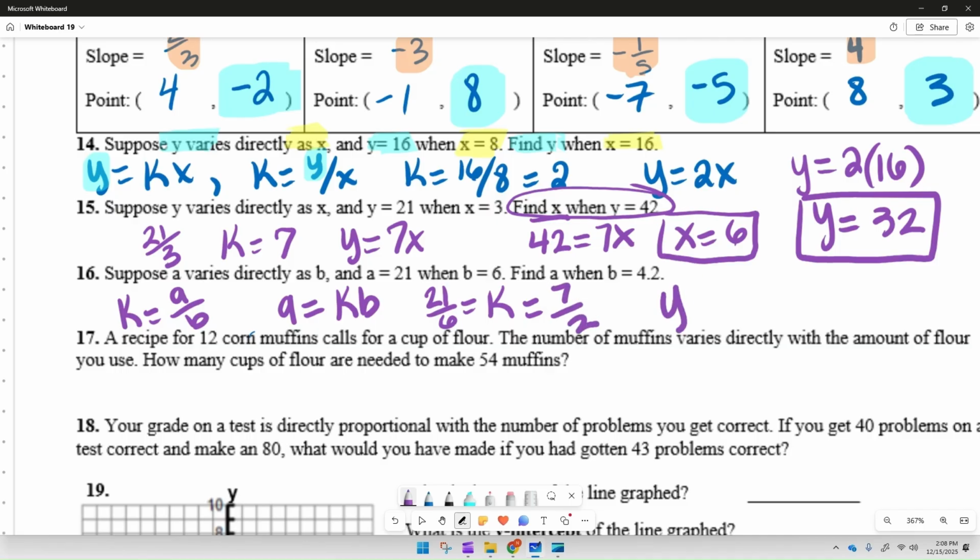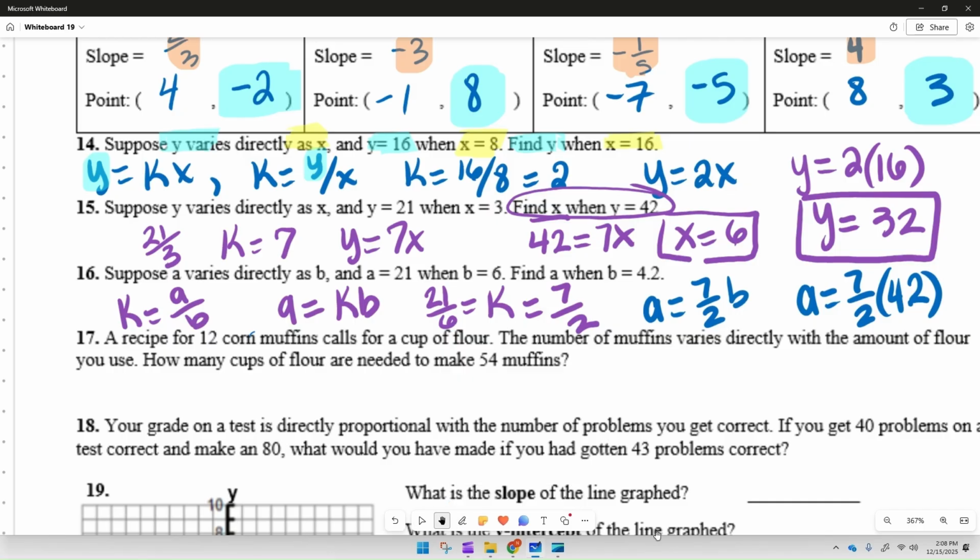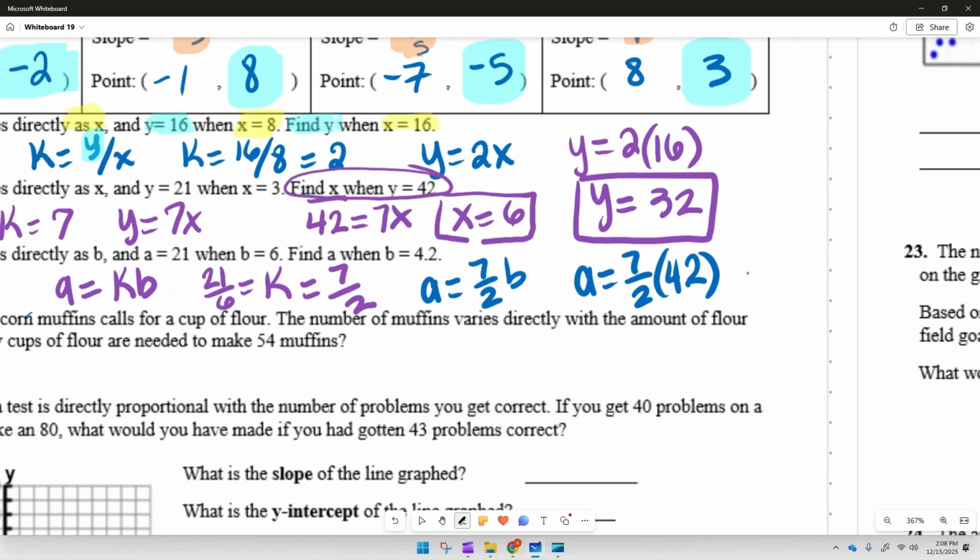So now that's going to give me an equation of, not y, because we have different variables, A is equal to 7/2 B. Now, our B value is 4.2, so our A is going to be equal to 7/2 times 4.2. When I put that into my calculator, that's going to give me A is equal to 14.7.